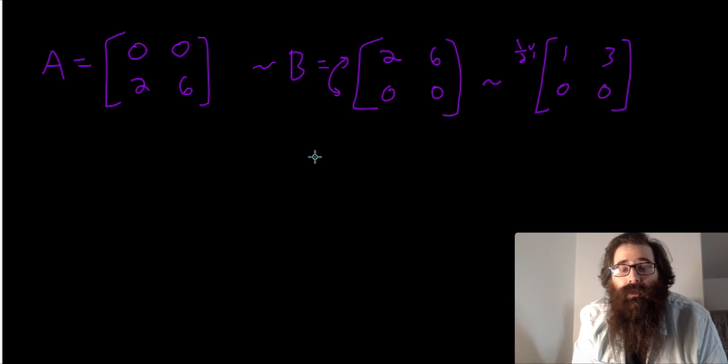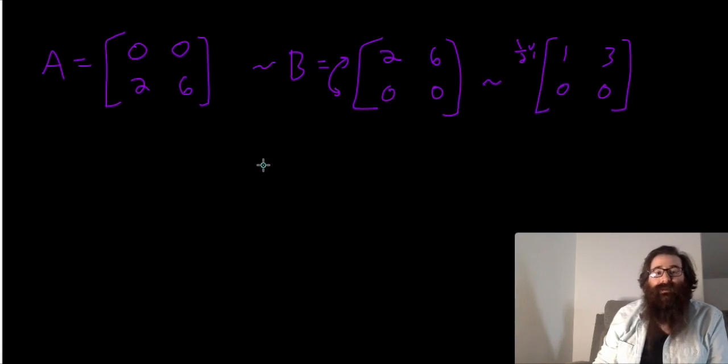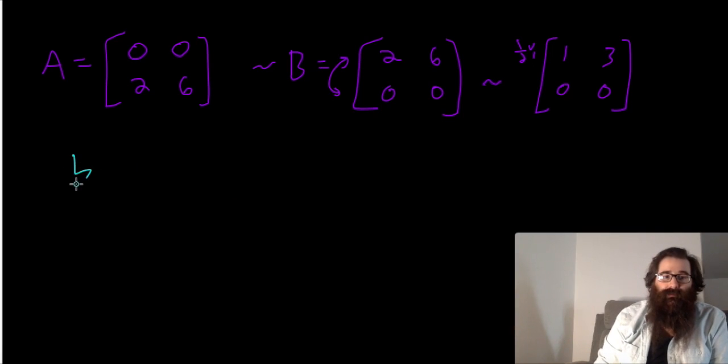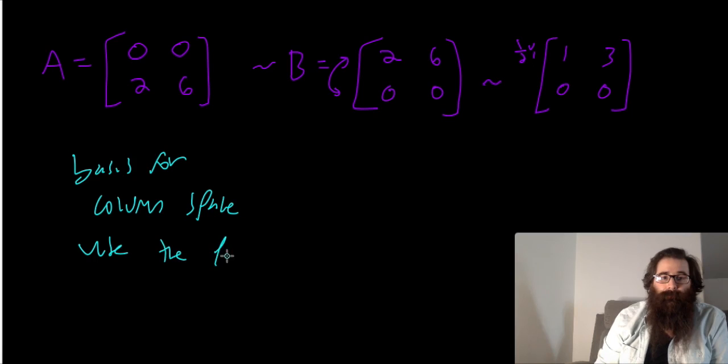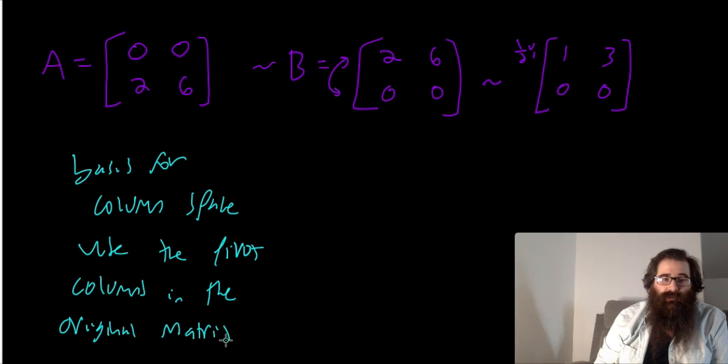And then there's row space. So remember, when you're building a basis for column space, we want to use the pivot columns in the original matrix.